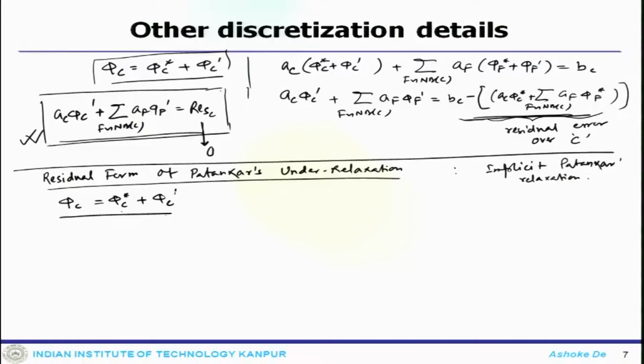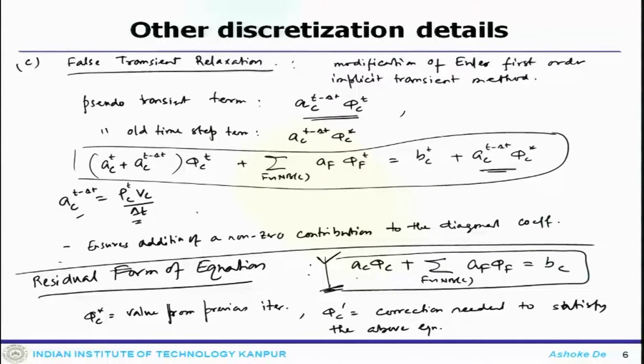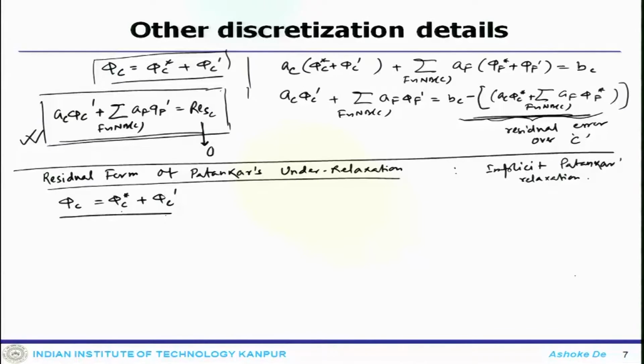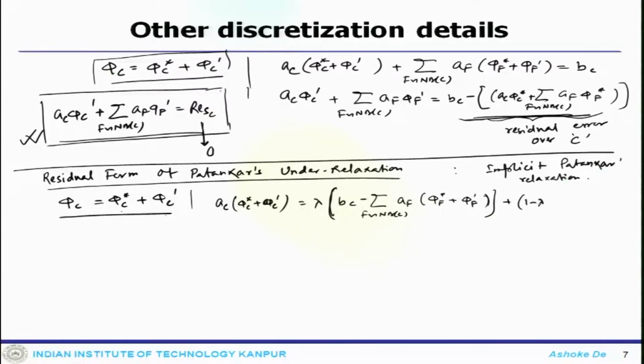And if you put in the standard form of this equation, which is A c phi c plus summation over neighbors A f phi f equals B c, the modified equation in Patankar form becomes A c times (phi c star plus phi c prime) equals lambda times (B c minus summation over f in nb c A f times (phi f star plus phi f prime)), and then we have 1 minus lambda times A c phi c star.